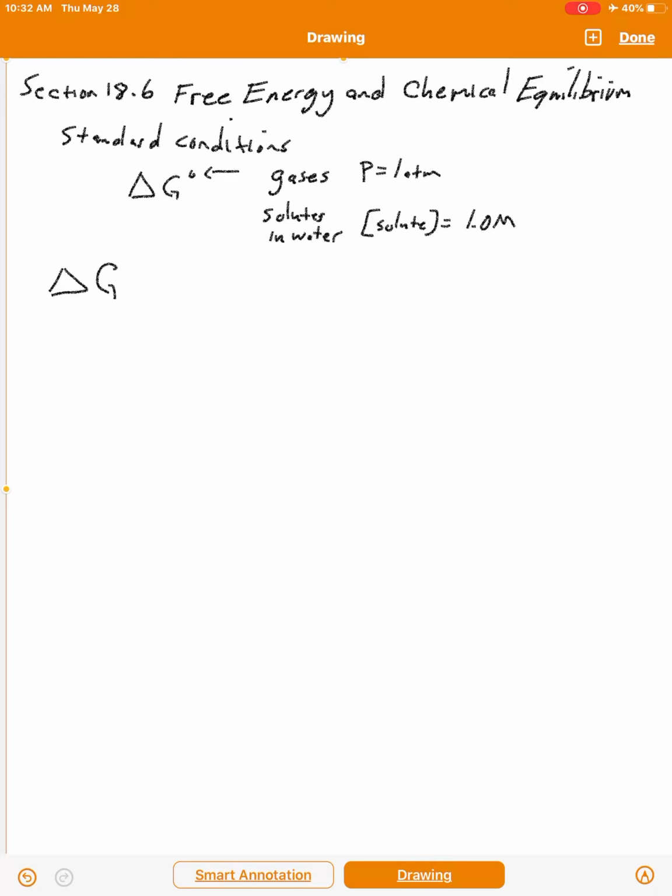So we don't have to have a table for every possible condition. We're going to say that the free energy change under non-standard conditions is equal to the free energy change under standard conditions plus an adjustment factor.